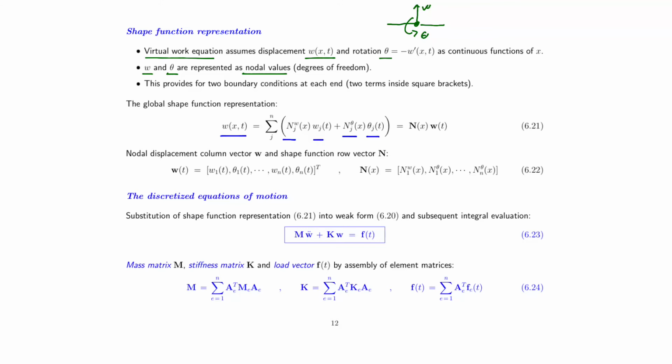These are collected nodal-wise in our n vector, as given here, whereby we can collect all the nodal degrees of freedom in terms of their nodes in the w vector. Thereby we get the final form of our displacement interpolation, in a similar way as for the cable, represented by a row vector n multiplied by a column vector w.